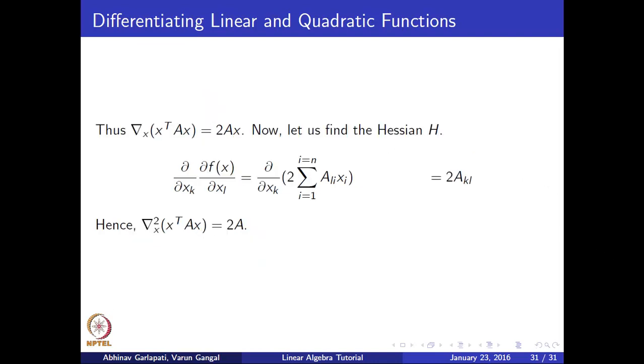Thus, we get the gradient of x transpose Ax as equal to 2Ax. Similarly, on further differentiating every element of the gradient by xk, we can derive the Hessian of the function. The Hessian of this function comes out to be 2A.